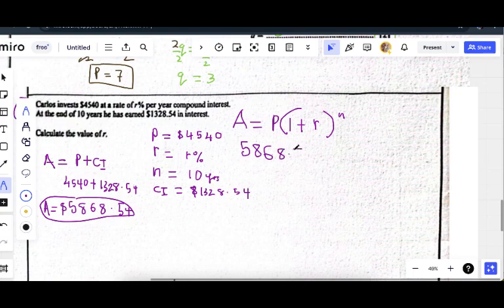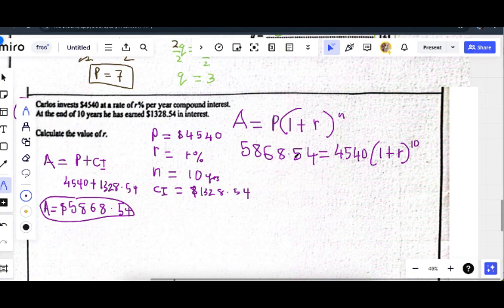It is equal to the principal, which is 4,540, into 1 plus R. We don't know the value of R. R is over 100%. We would have said R over 100, but we just leave it like this. At the end, when we finish, we multiply our answer with 100. Then we raise it to power 10 years.